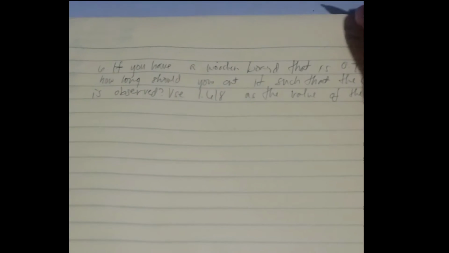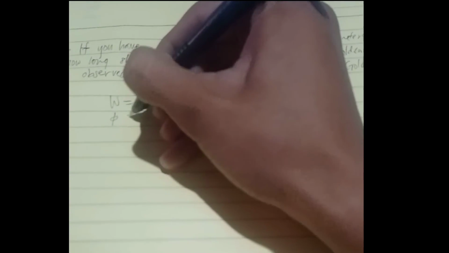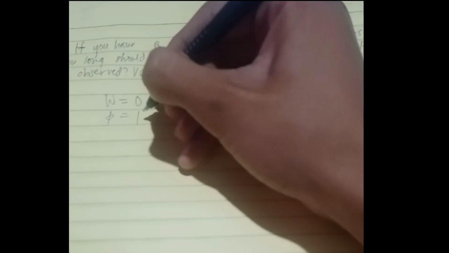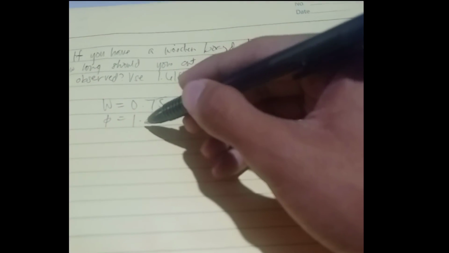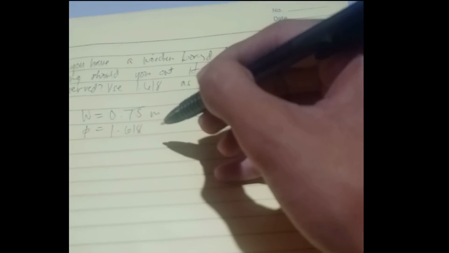So, first, given the value of our width. The value of our width is 0.75 meters. The value of our golden ratio or phi is 1.618. That is what we use now because only three decimal points are needed.